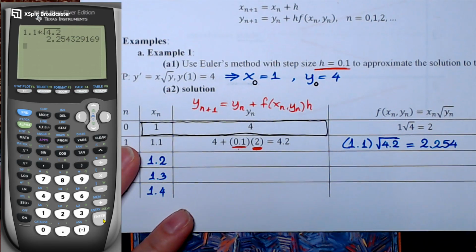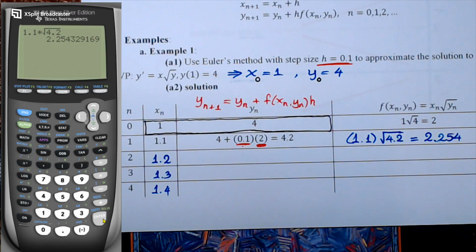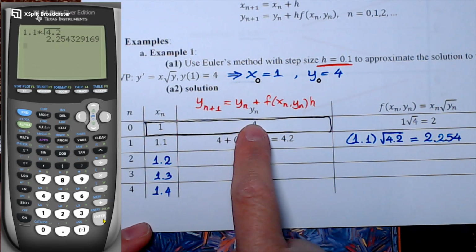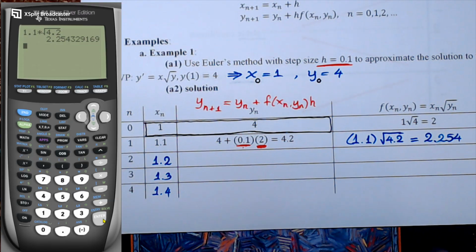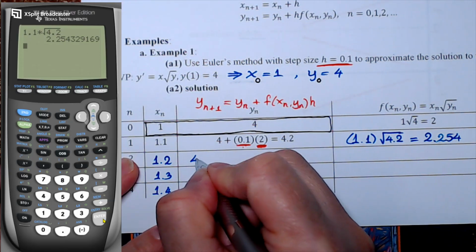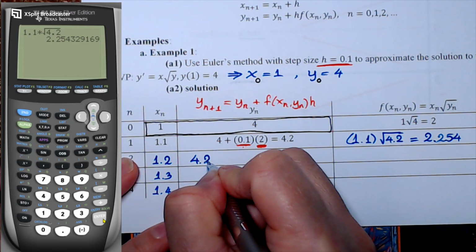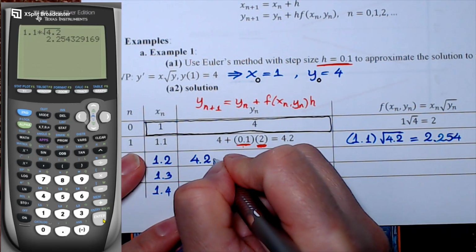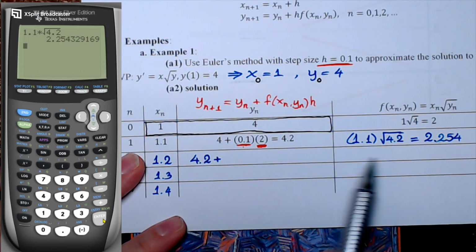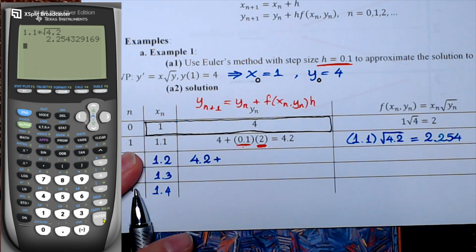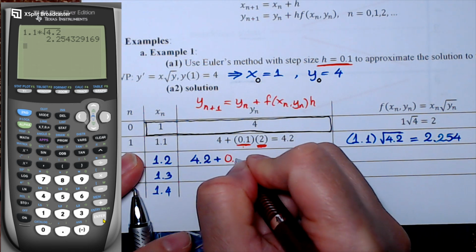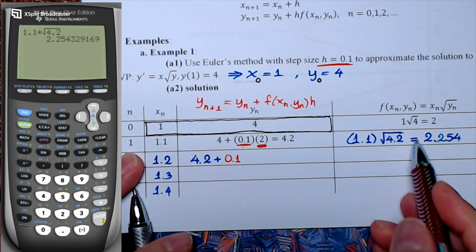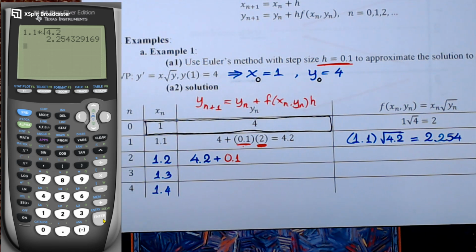So that updates the y. Get the slope. Now the next y will be updated based on the previous y. So we go 4.2. By the way, if you do this on the test by hand, that's perfectly fine. Plus the step size of 0.1, that's constant, always 0.1 times whatever slope we get.